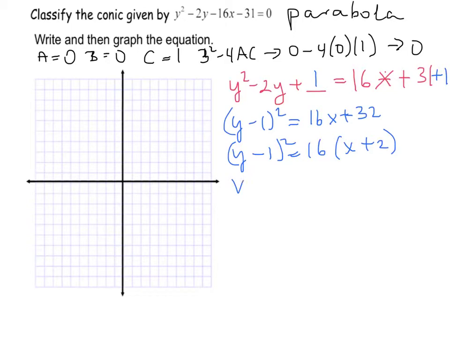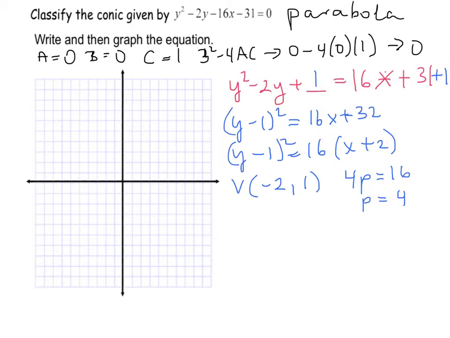The vertex of the parabola will be negative 2, 1, and it's negative 2 because this x is always associated with h and y is associated with k. I also know that 4p is going to be 16, so p is going to be 4.